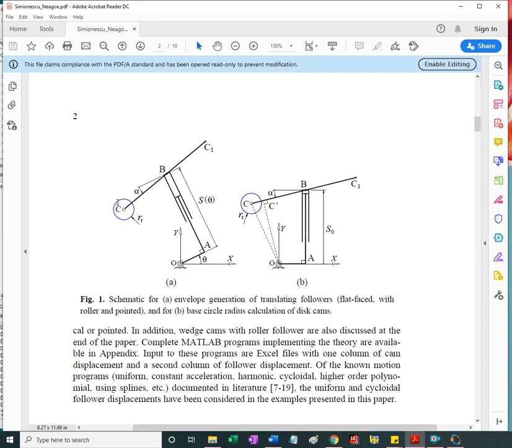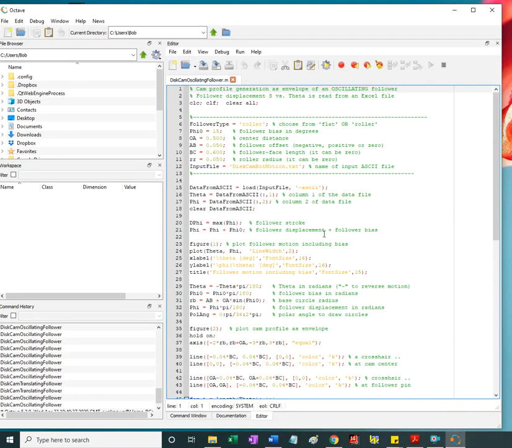So if it's just a roller follower, you don't need CB to be angle alpha; it should be 0. CB does not have to be a BC or CBS, so it can be 0. You make it 0, but it should be with the roller.